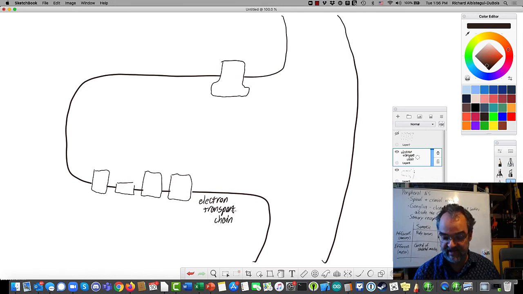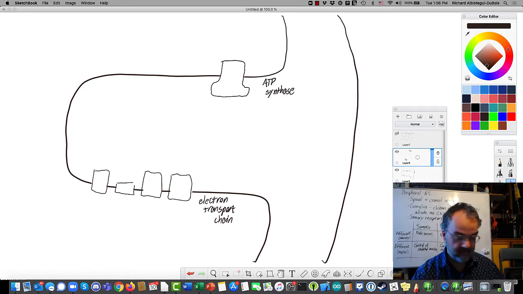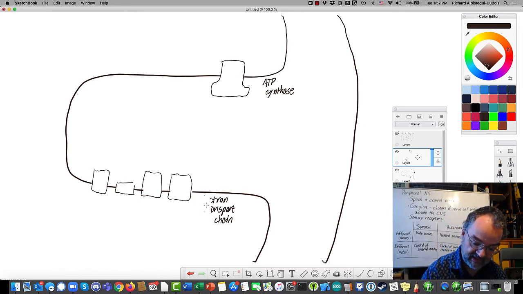I'm going to erase that in a moment, so just be ready for that. Up here, this is ATP synthase. All right, so let's follow this on. I'm going to erase that because I'm going to need that space for something else in a moment here.